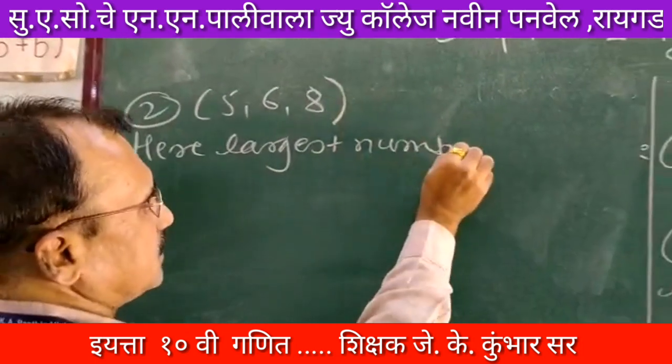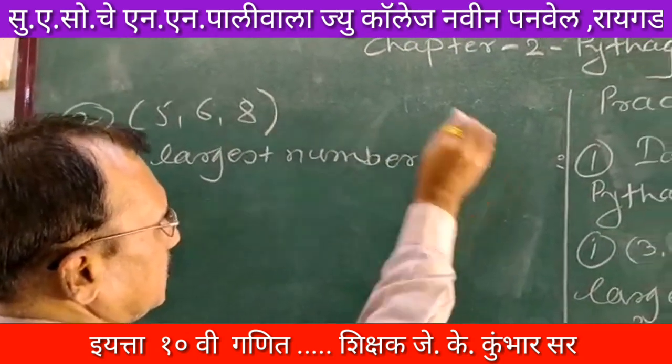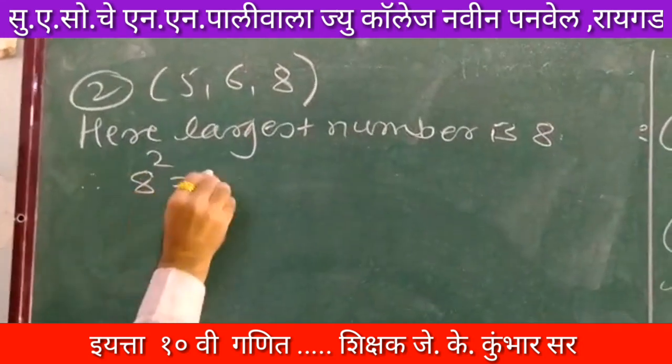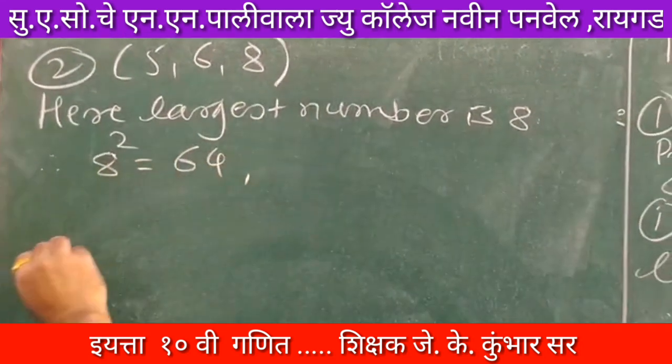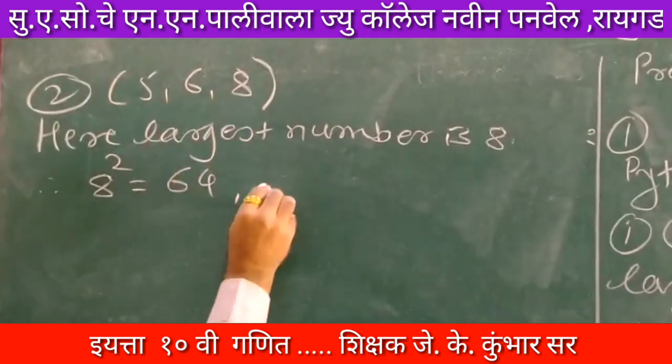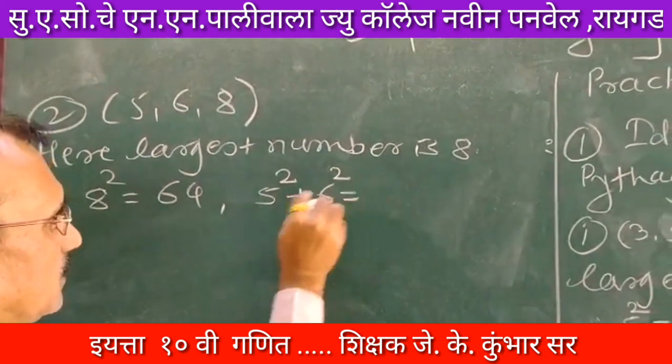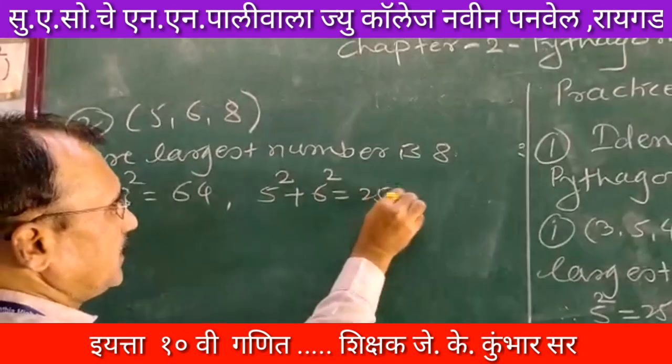Here the largest number is 8 and therefore 8 square is equal to 64. Now the square of the remaining two numbers is 5 square plus 6 square. Square of 5 is 25.